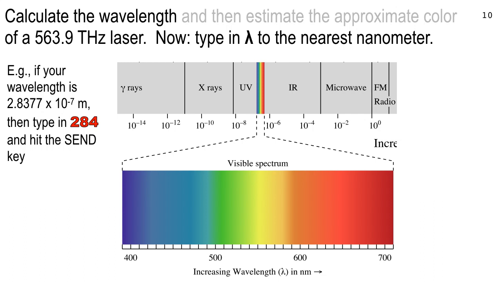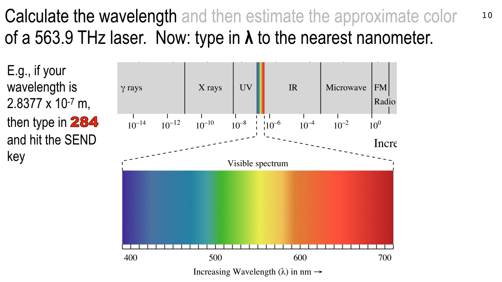10, 9, 8, 7, 6, 5, 4, 3, 2, 1, 0. Okay, let's see what you guys have got. Oh my goodness. Well, we do have a little bit of explaining to do here.